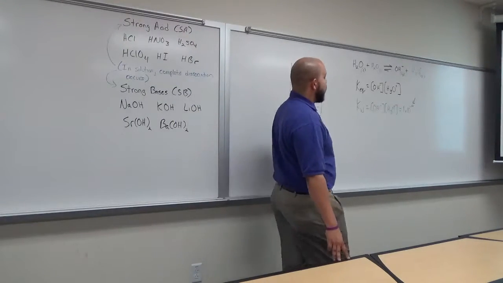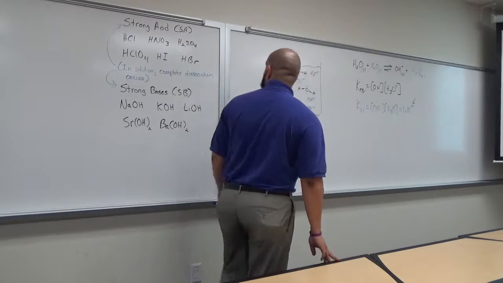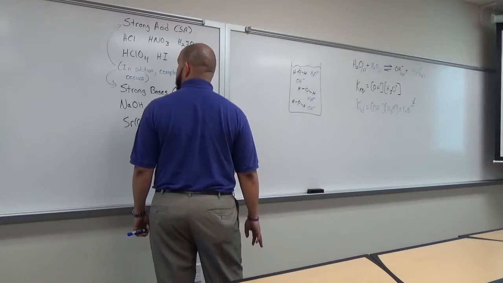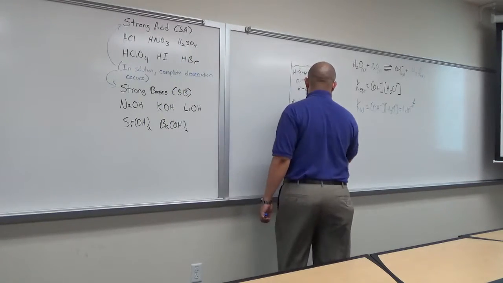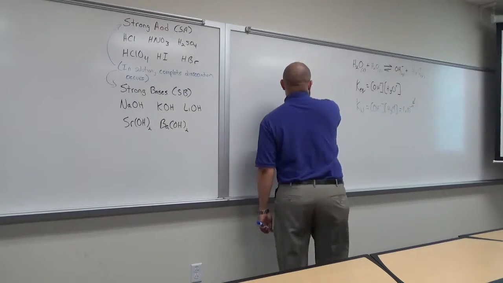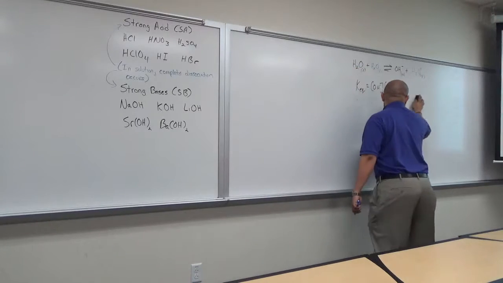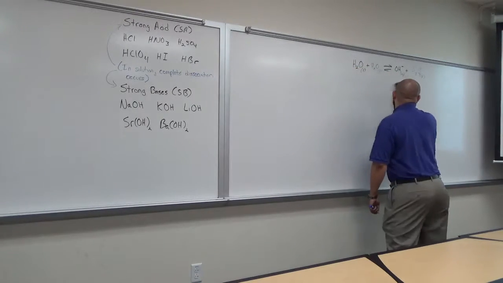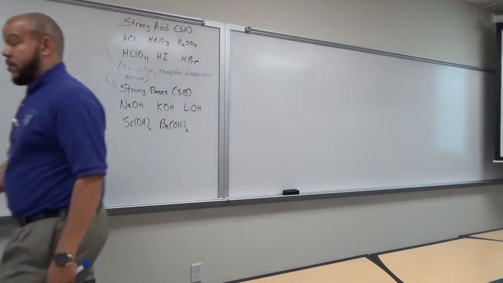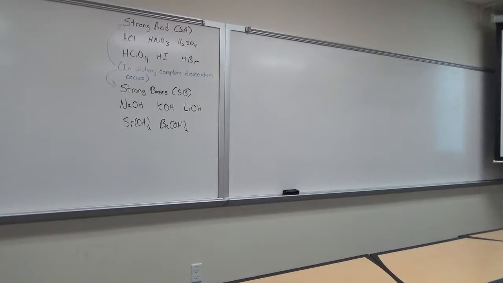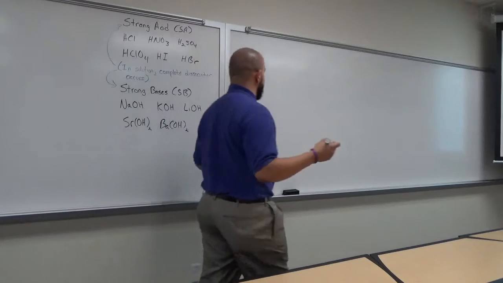Now, I'm going to give some example questions because this particular chapter is a chunk of information. But here they want to talk about the pH scale, and the pH scale should be familiar to everybody.